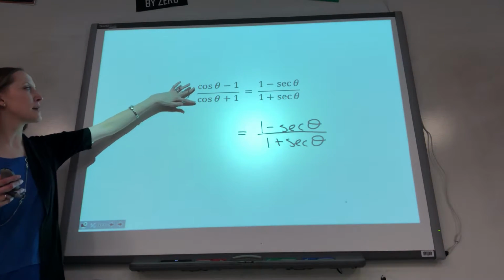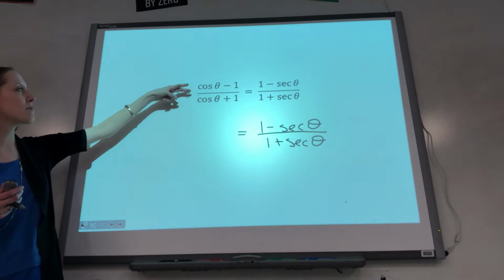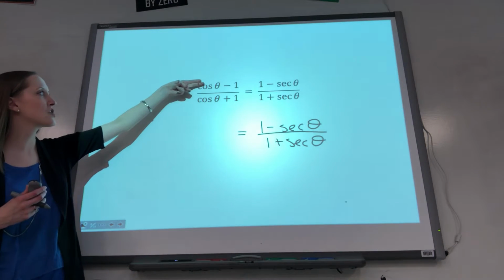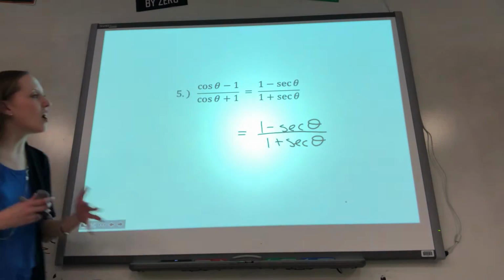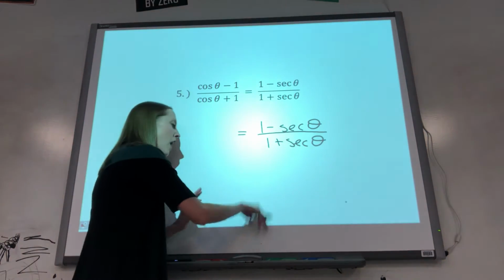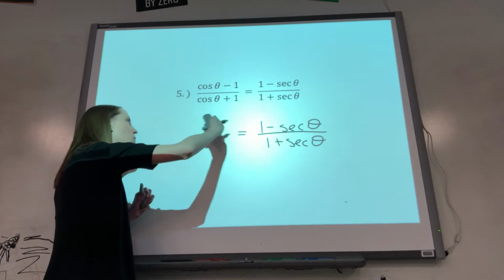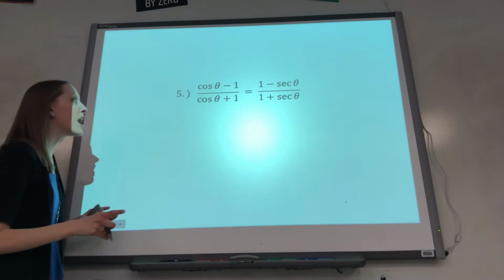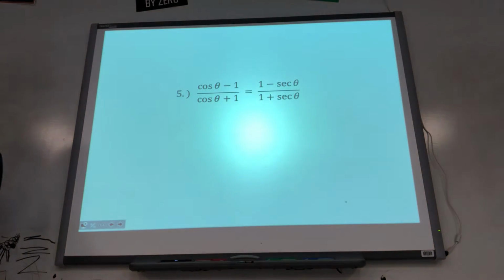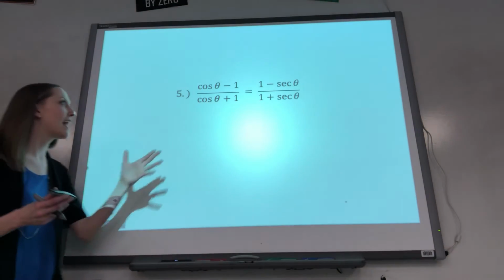And using a reciprocal identity won't help you very much because then you'll just have a fraction in a fraction, and same down here. So unfortunately, our method of keeping the right and working on the left is not going to work on this problem.